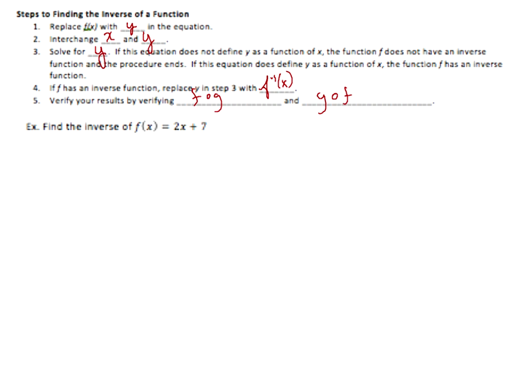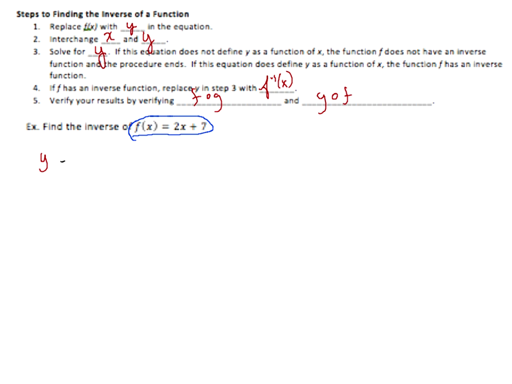Okay, so let's see this process with f of x equals 2x plus 7. So this is my f of x, and I'm looking for f inverse of x. The first step in this process is to replace f of x with y.